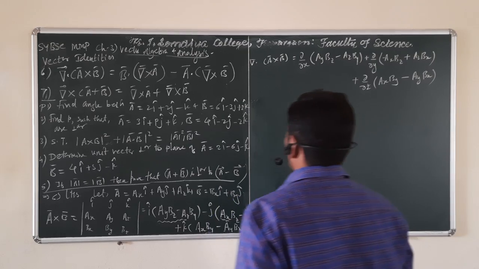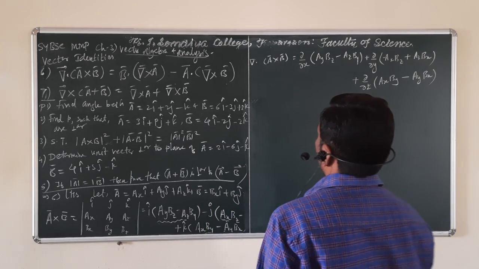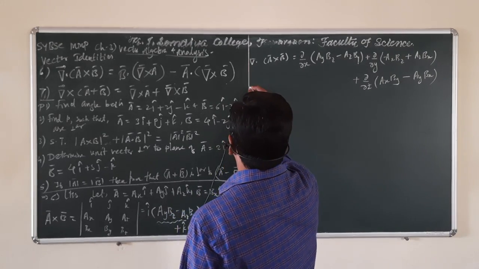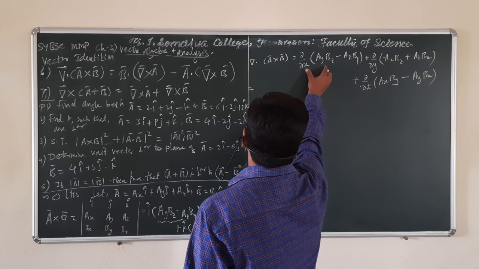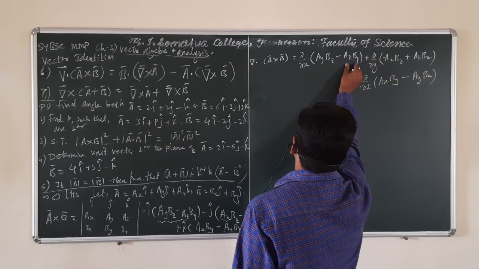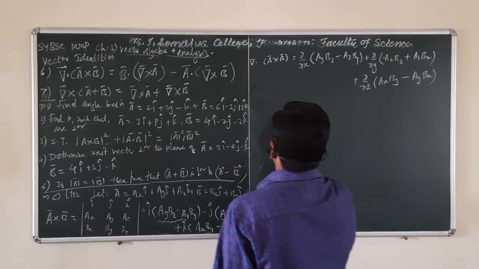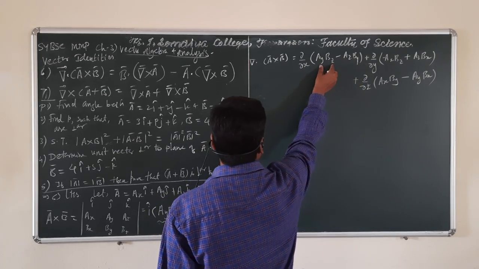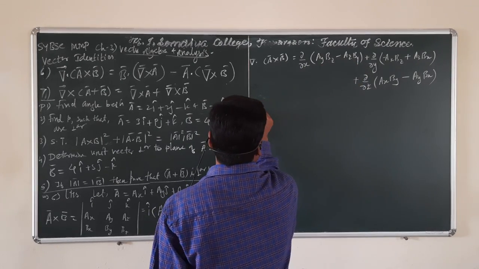Now this is equal to, on the right hand side, what we will have. We have to differentiate this term with respect to x and this term with respect to y. If we differentiate with respect to x, we have to use the product rule.